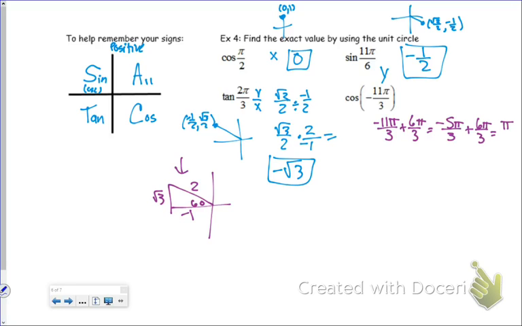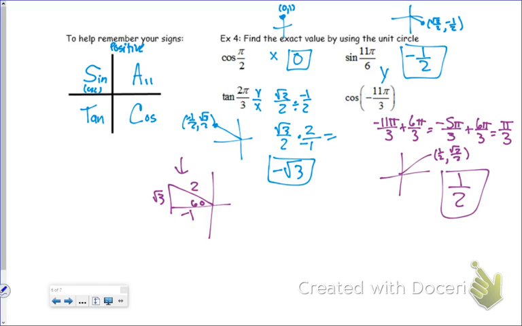And I can see that that is coterminal to pi over 3. That means the cosine of negative 11 pi over 3 is going to be the same as the cosine of pi over 3. So all I need is the x-coordinate at pi over 3. And the x-coordinate at pi over 3 should be 1/2, root 3 over 2. So my x-coordinate is 1/2.